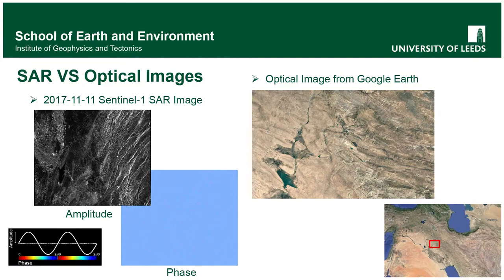We can first see the amplitude image, which is very similar to the optical data. We can see here is the port, and here is the same port. And well, for a single InSAR image, the phase is very noisy, and you can't see any clear image here.